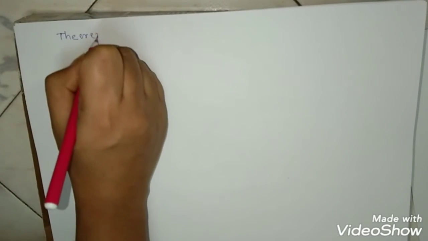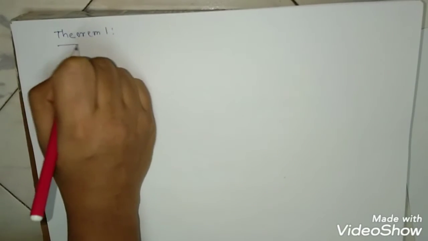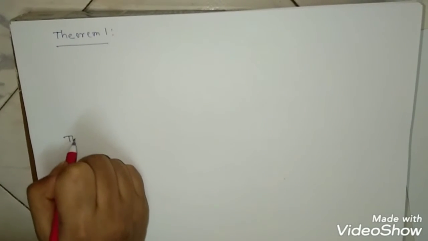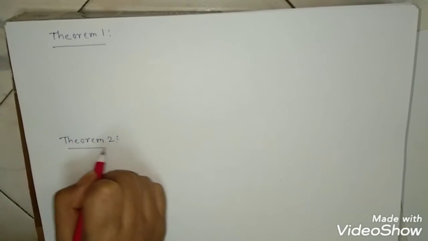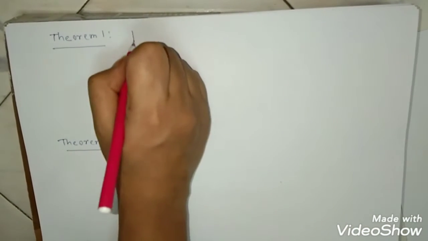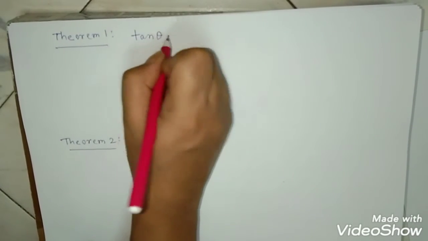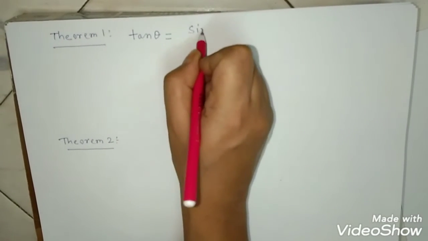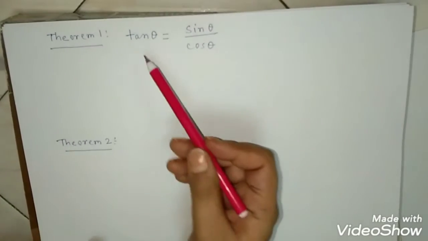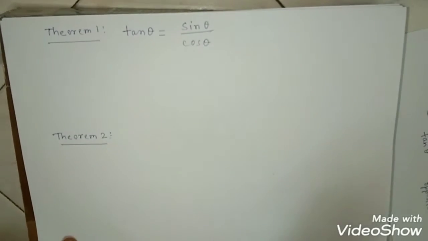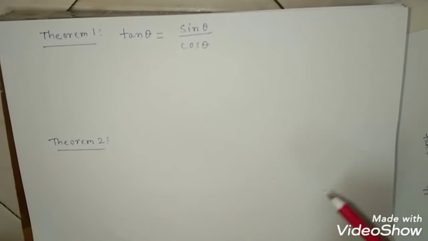Now, theorem 1. There are 2 theorems we are going to learn. These theorems you just have to understand, there is nothing to derive. Tan theta, we just learned that tan theta is opposite side by adjacent side.